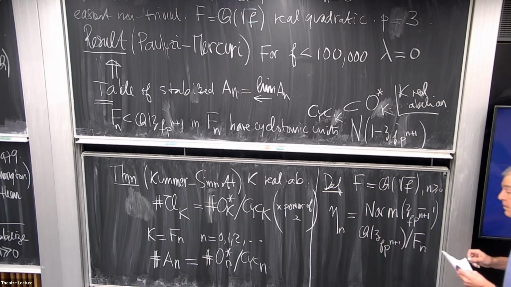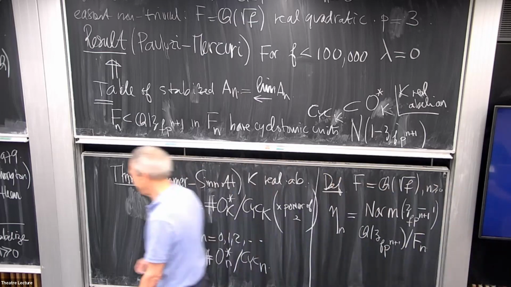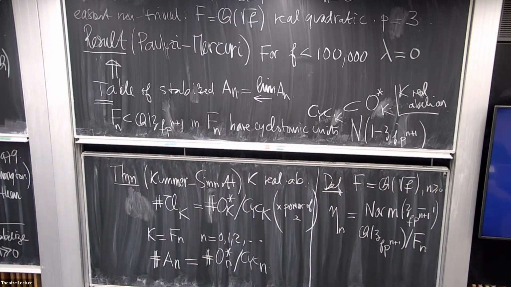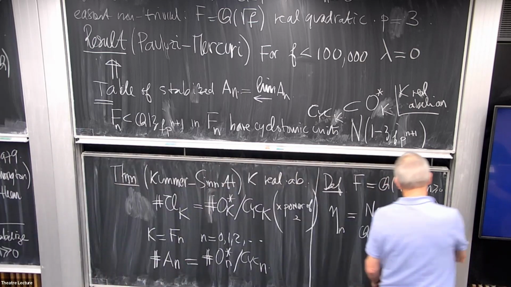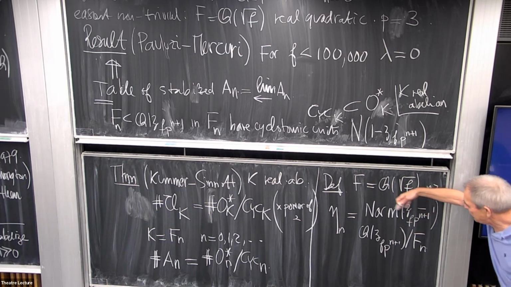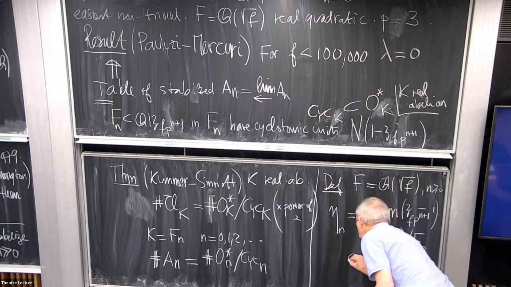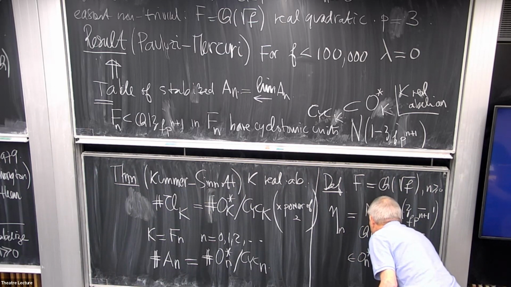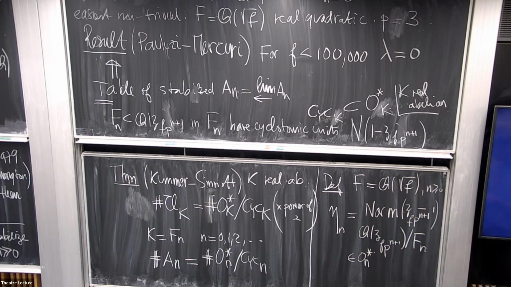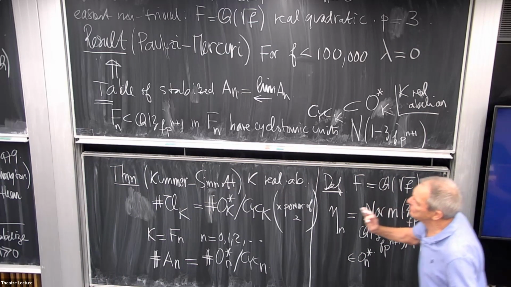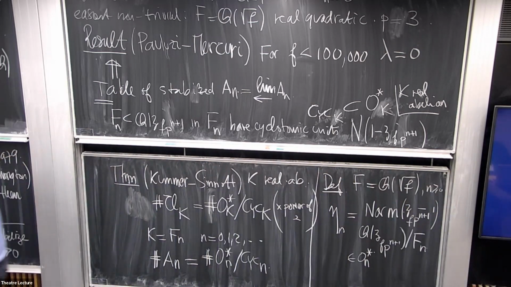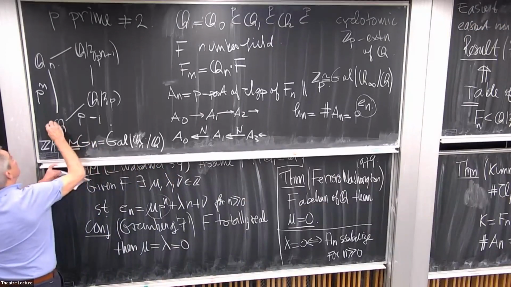Oh, sorry, there is. So we can take this norm. This is a unit in O_n star. And so this is what I call... Oh yeah, there is another thing. I take the minus parts because of the cyclotomic tower of Q(sqrt F).